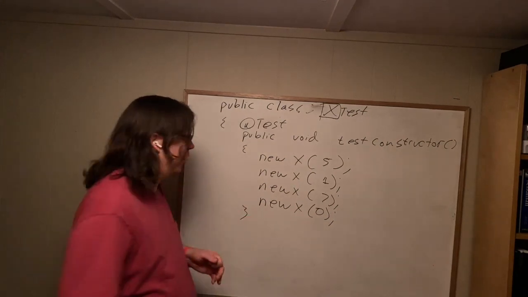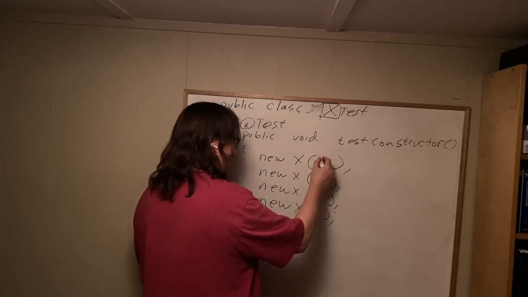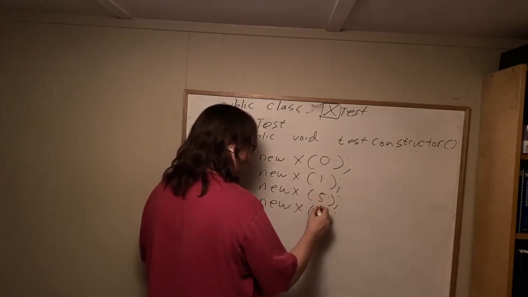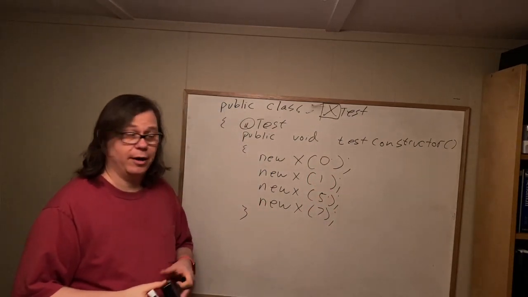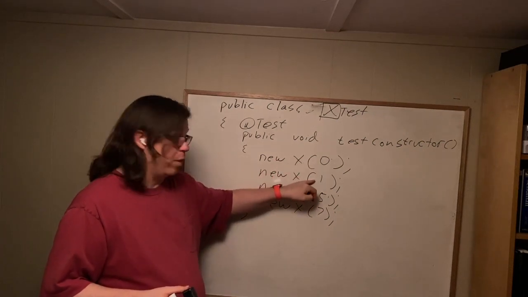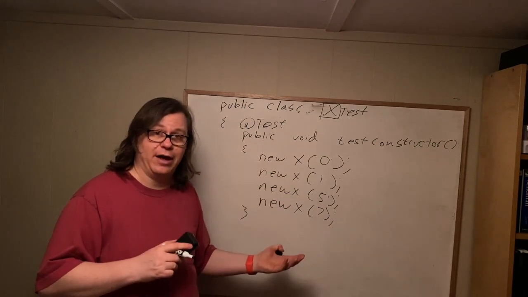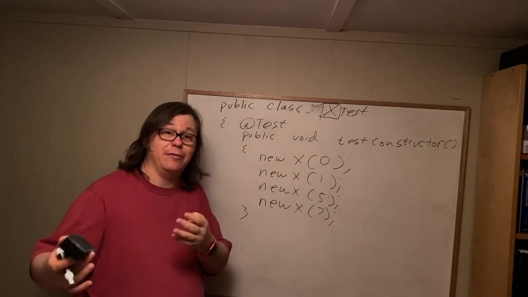Now, I like to be methodical, so I wouldn't actually do it in this order. What I would do is I'd pass in 0, I'd pass in 1, I'd pass in 5, I'd pass in 7, because those are ordered. 0 is really important, as is 1. So 0 is important because it is testing the lowest valid value. 1 is testing one away from that.